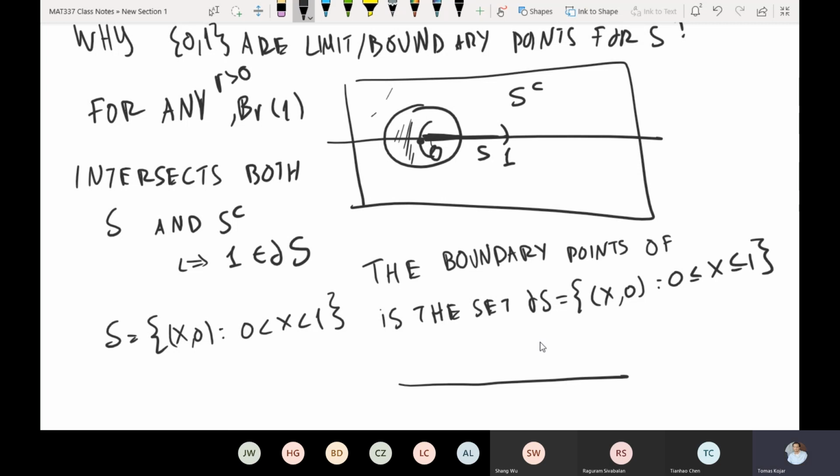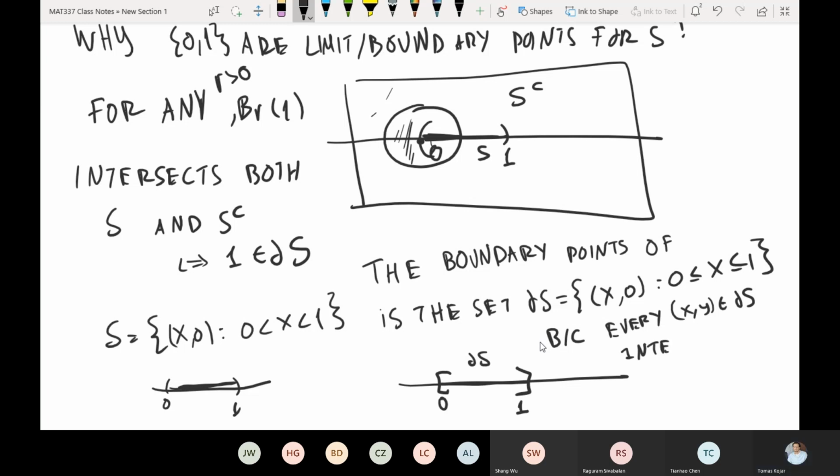This is S, but the boundary of S is in fact the entire closed interval, simply because every element in the closed interval intersects both S and S complement.